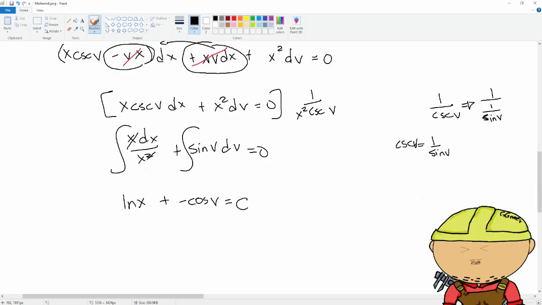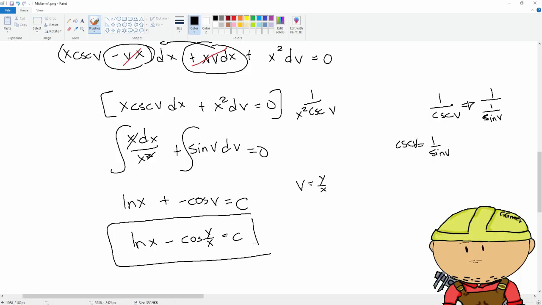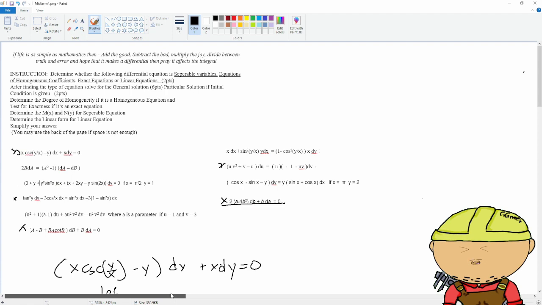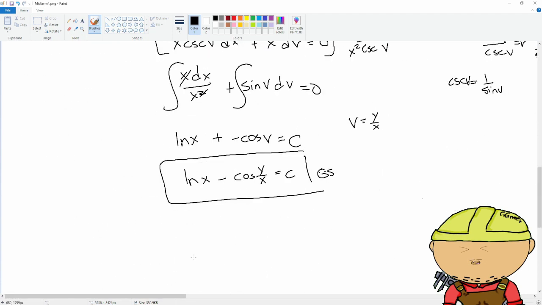Substitute back. v is equal to y over x. So ln x minus cosine y over x is equal to c. That is now our general solution. Okay, double check. Is there an IDP? Okay, so that is now our general solution.